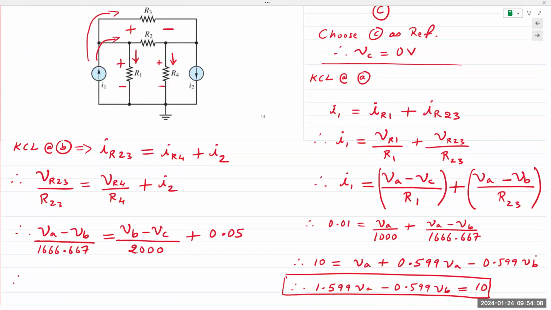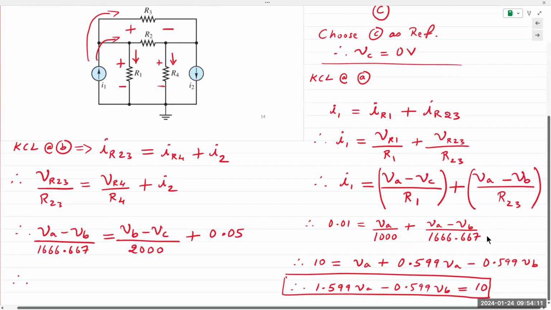And now multiplying everything by 2000, what do I get?